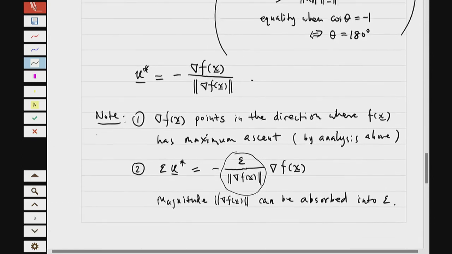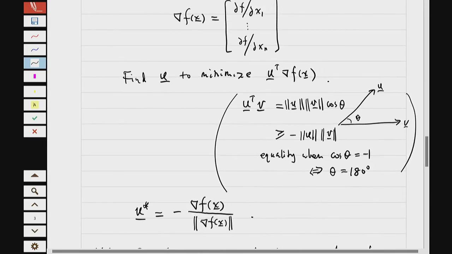How do I get U star? Right. We know that to minimize this, U and V have to be in opposite directions. 180 degrees means opposite directions. So therefore, when I want to minimize U times the gradient, then U has to have the opposite direction of the gradient. So it's the negative of the gradient. So that's how we get negative gradient.